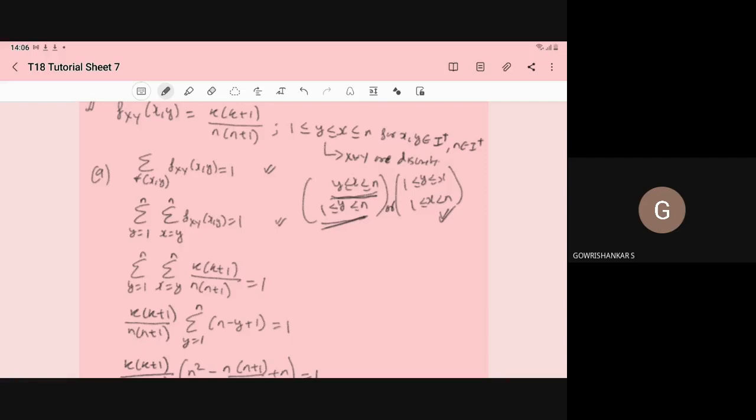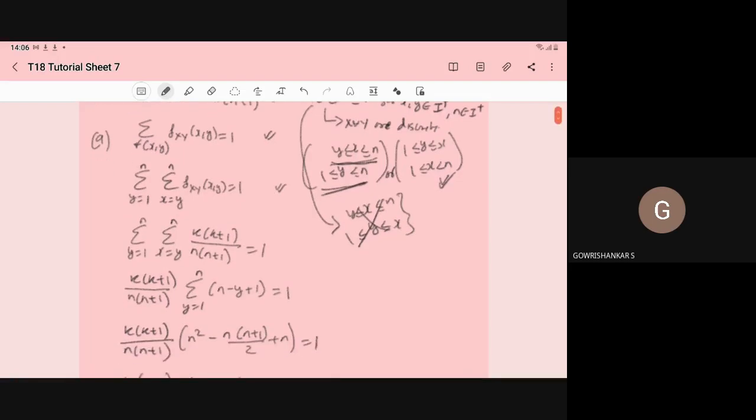Many times students write x from y to n and y from 1 to x. That is absolutely wrong. For one variable, we have to take the complete limit. One can depend on the other, but the other cannot depend on the previous one. We have to consider the complete one.